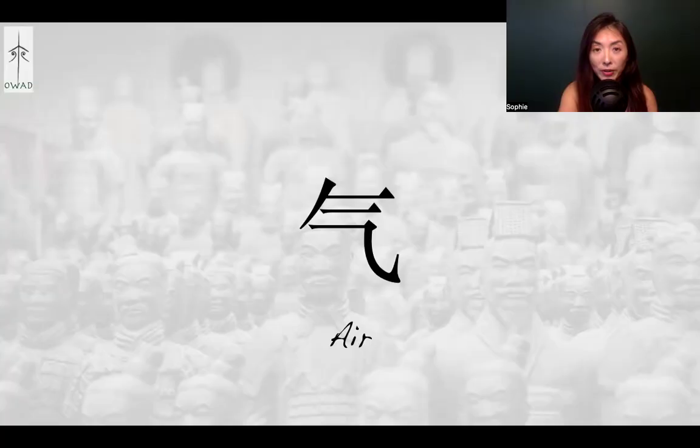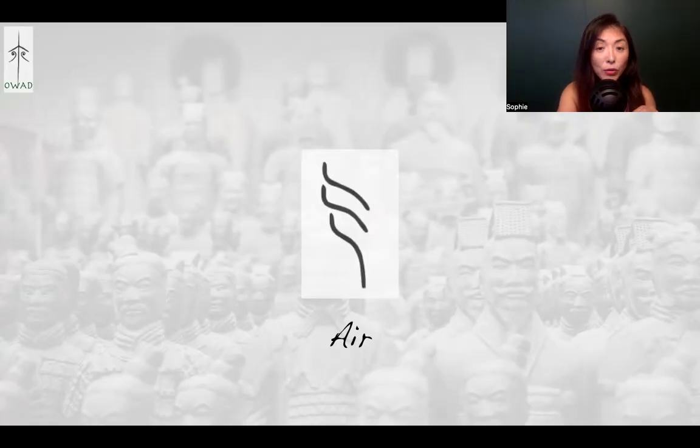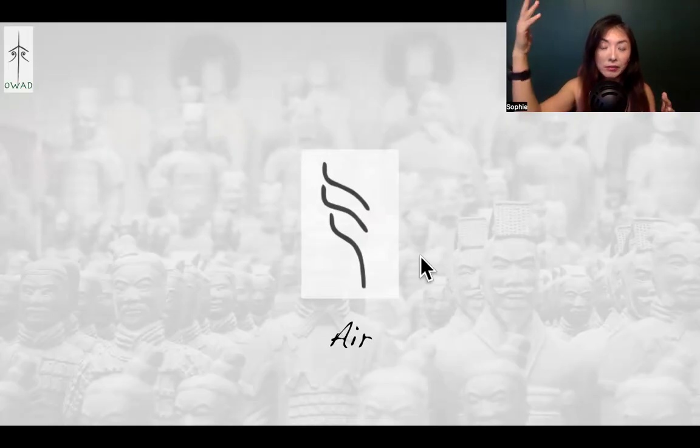We start with air, qi. And this is how qi was written way before digitization, but it's the starting point of standardization. And you can see these are spiraling airs going up. It conforms to what we understand as air dynamics, the physics.